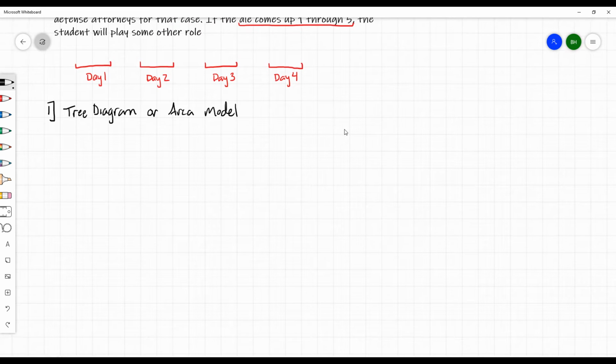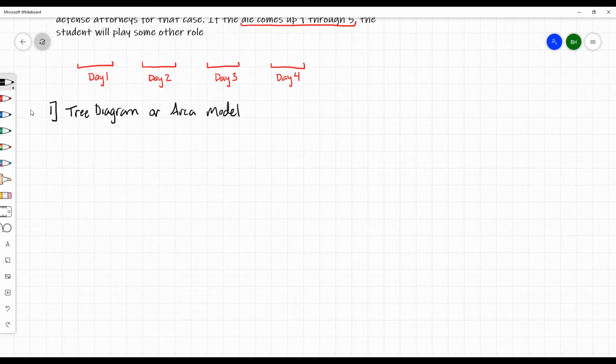When you make a tree diagram or area model, the key thing to understand is that this is simply making a diagram or model of the situation. We don't need to calculate anything so far. In this case, we're going to have 4 different days and 4 different possibilities. So let's start by making a tree diagram and see what that looks like.